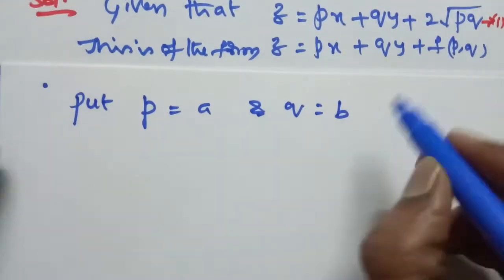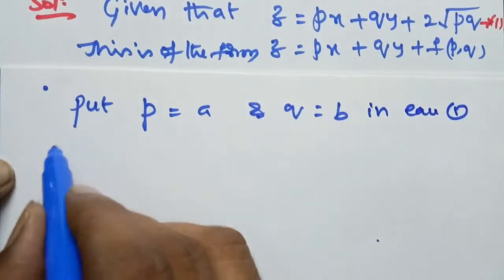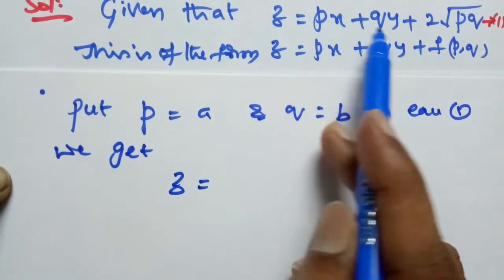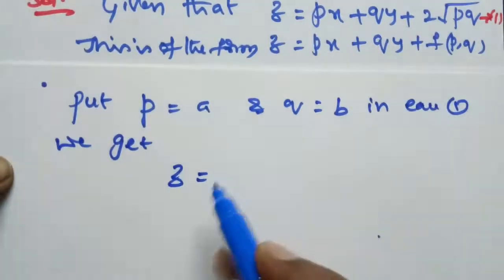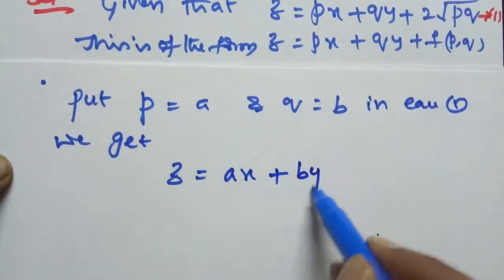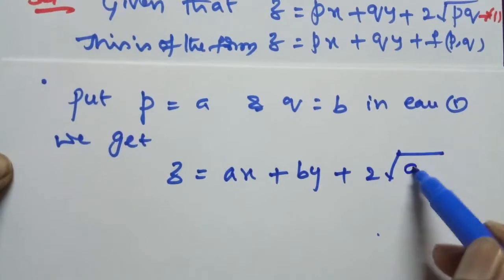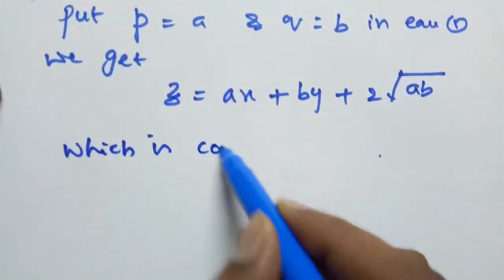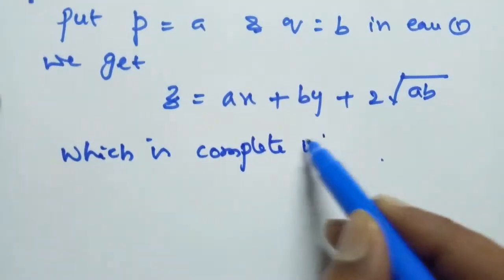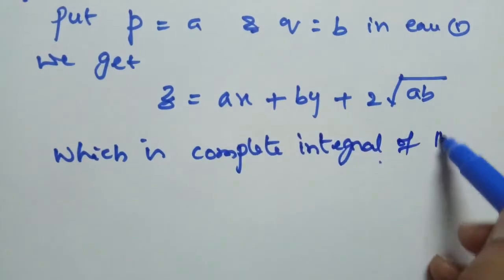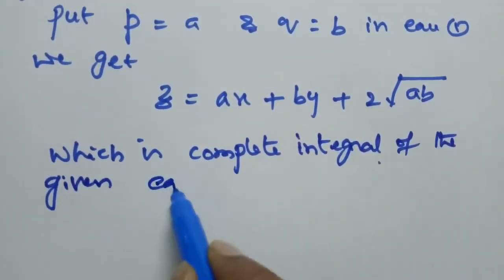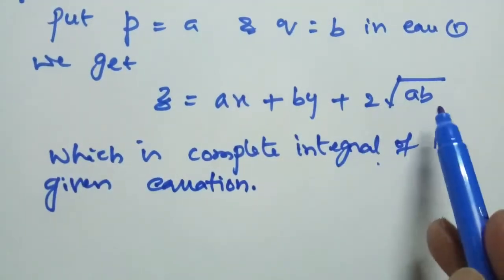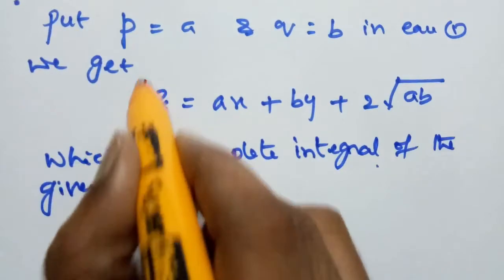In equation 1, we get z is equal to ax plus by plus 2 into square root of ab, which is the complete integral of the given equation, since it has two independent variables x and y and two arbitrary constants a and b. This is the required solution.